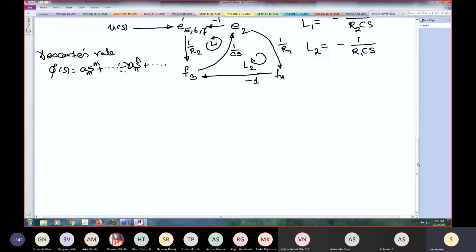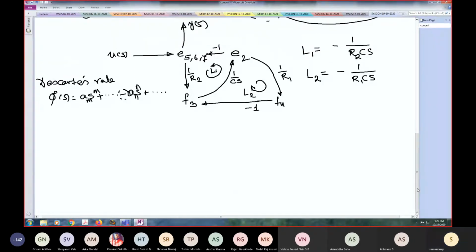So now for this one, we will write our forward path gain. Input and output are connected to the same node, so forward path gain is 1. The number of forward paths is 1 and forward path gain P1 is 1.